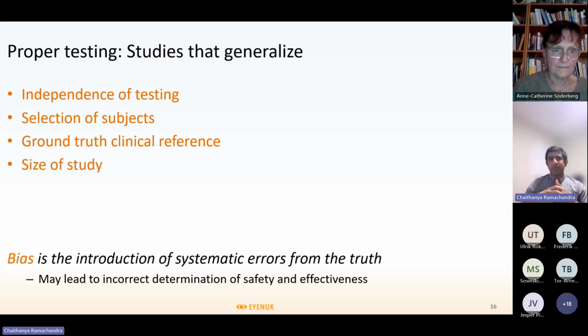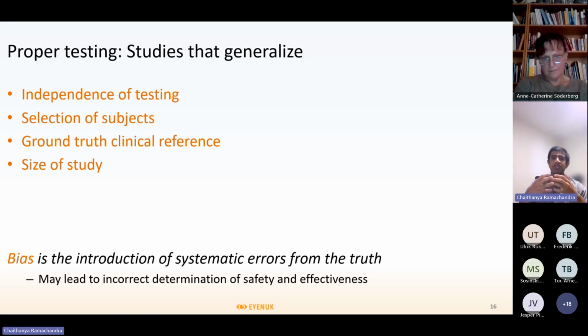What do I mean by proper testing? We need studies that generalize. We maybe need tests that are not conducted by folks who develop the technology, meaning the tests that I'll report are completely independent, done by independent organizations from the developer.